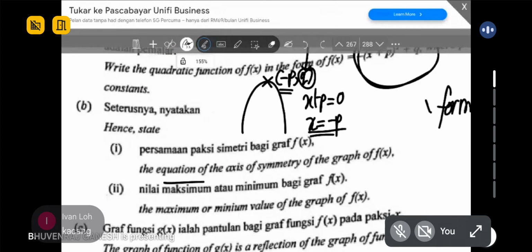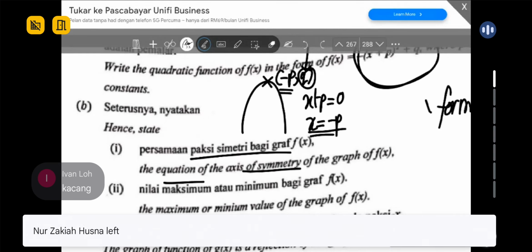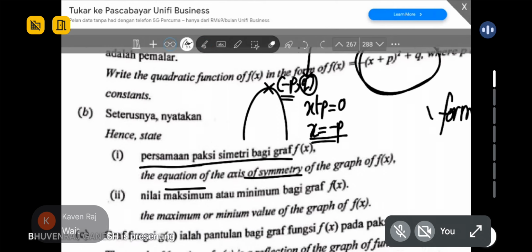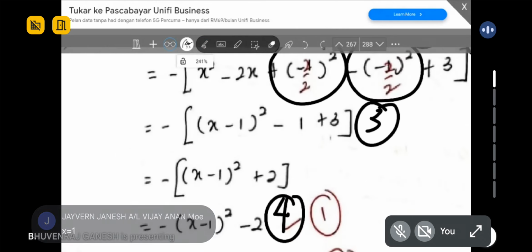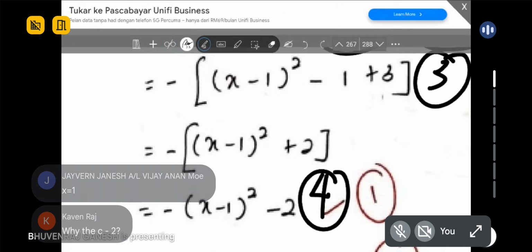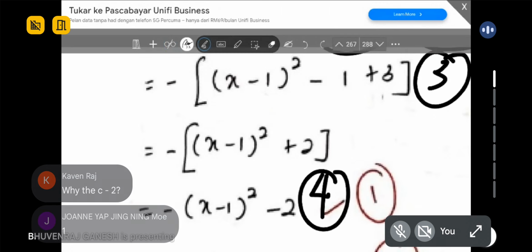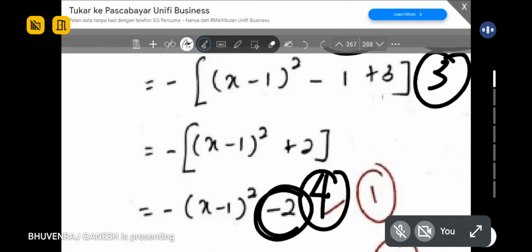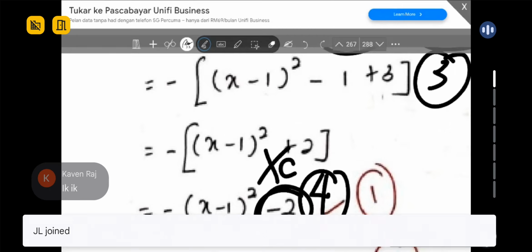Alright, the next question. They ask you to state the equation of axis of symmetry, guys. Persamaan paksi symmetry. Anyone? What will be the answer? So you see your equation here, then you can tell the answer. Your C is negative 2. Kevin, your C is not this. Take note. This is not your C value. This is your maximum point only.